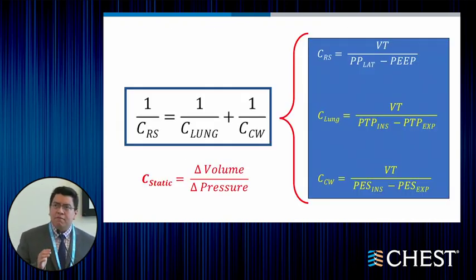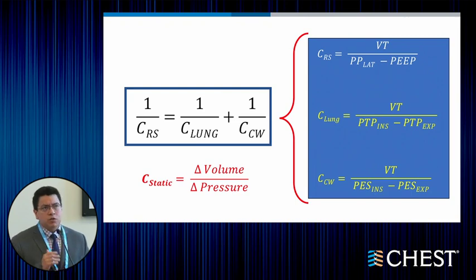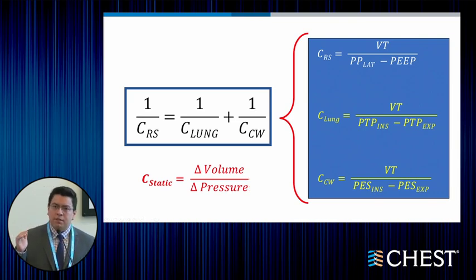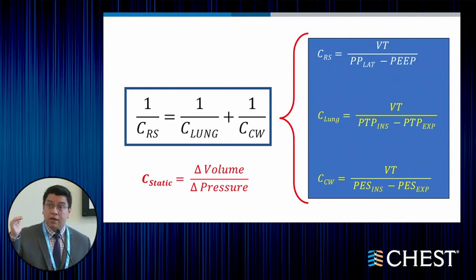And as we dive more into these equations that perhaps are important to not memorize but understand, when we talk about compliance, we talk about a static component, meaning we talk about the differences in volume over differences in pressure at the extremes of the tidal cycle, meaning the volume difference between expiration at rest and the volume difference between inspiration at rest.